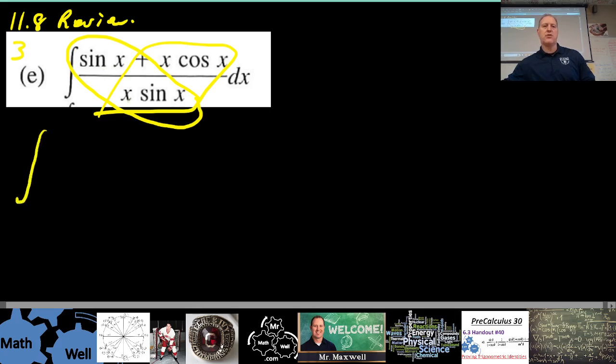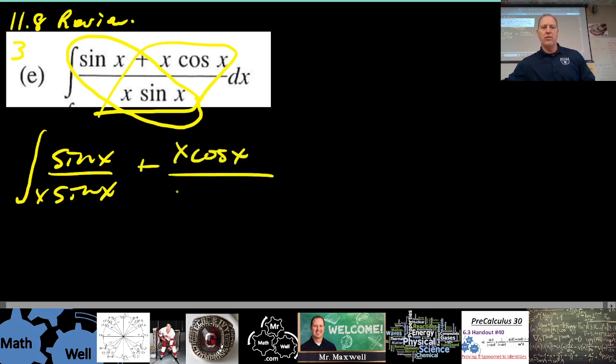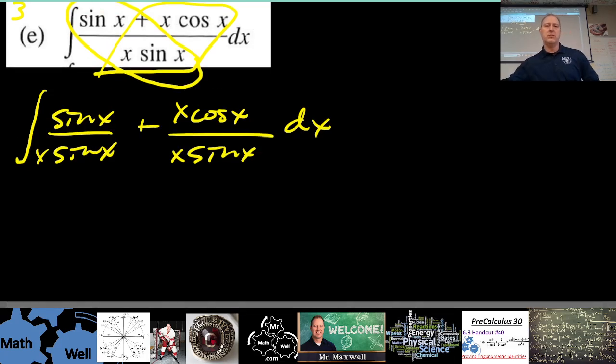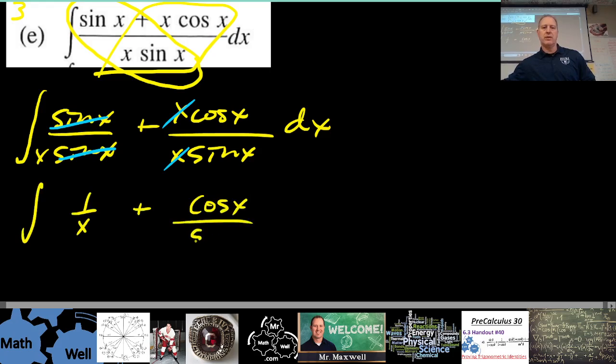If you have sine x over x sine x, if you write it like that, x sine x, and then plus x cos x over x sine x. So that's something you can do, because what you would be able to do here is to simplify. See, the sine x, the x goes over there. So you've simplified this a little bit to 1 over x plus cos x over sine x dx.